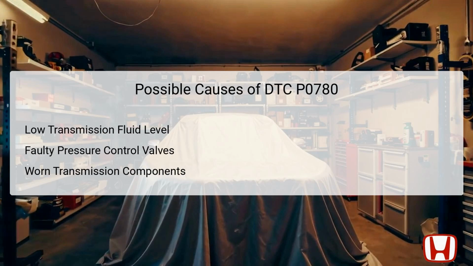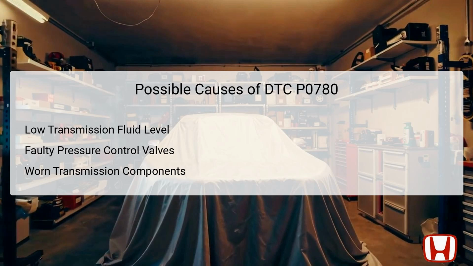The potential causes of DTC P0780 generally revolve around issues with the transmission fluid level and integrity. A low transmission fluid level can result in insufficient hydraulic pressure, leading to ineffective shifting. This situation can often stem from leaks in the transmission system or improper fluid maintenance. Faulty pressure control valves are another significant contributor.